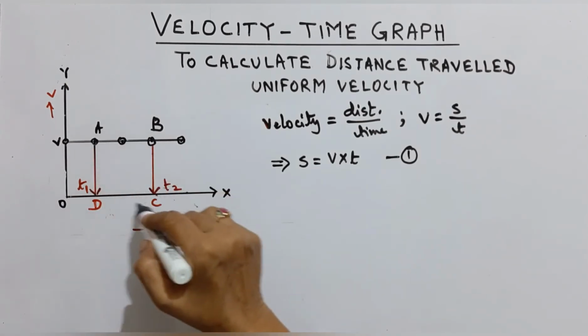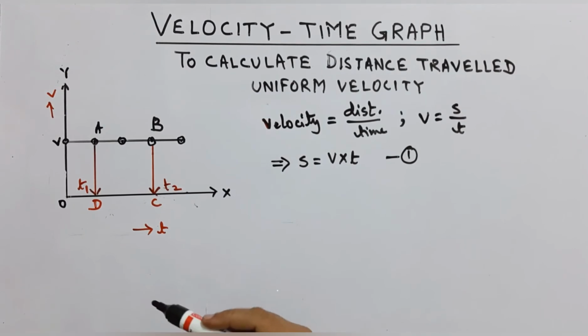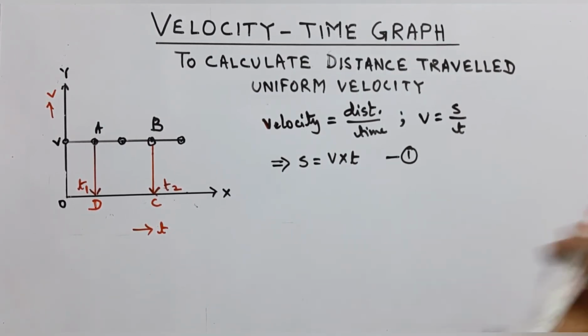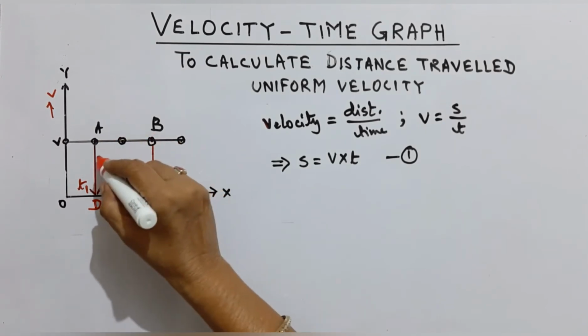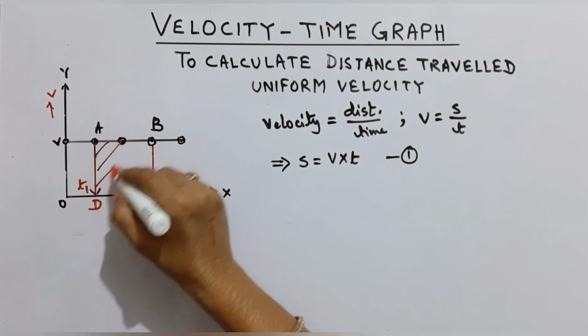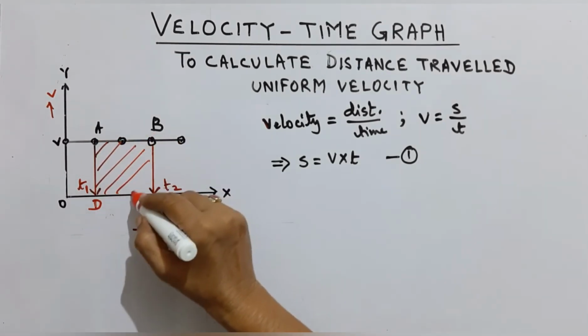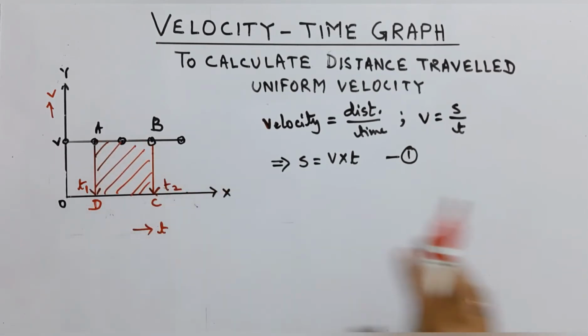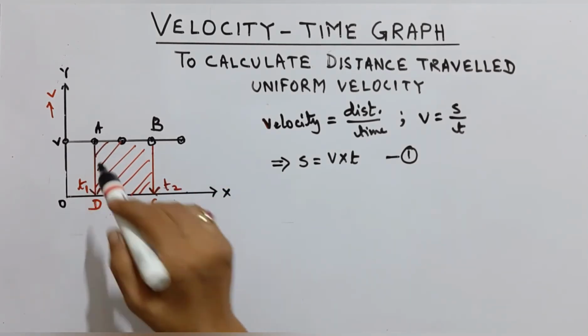Now ABCD is a rectangle, and the area under the portion AB of the graph is the rectangle ABCD.